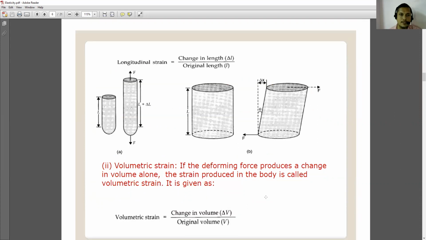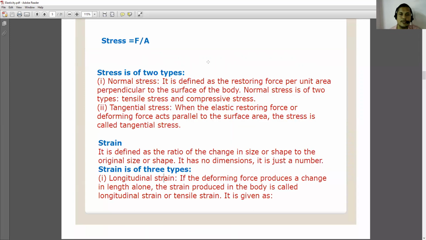It is given as longitudinal strain, which is nothing but change in length, that is delta L, divided by original length. So when it is related to length alone, we are considering the factor of strain as longitudinal strain.